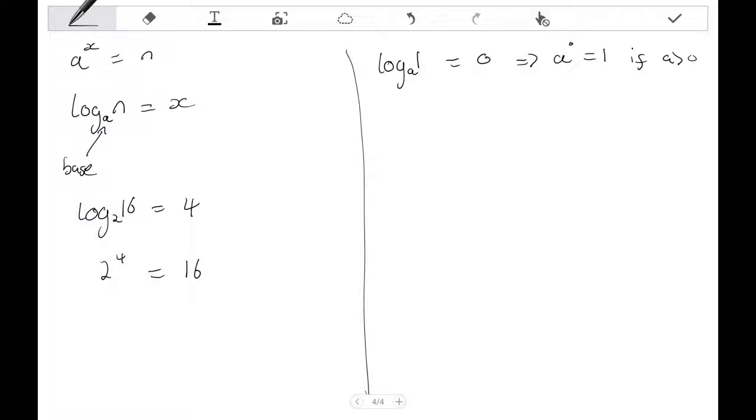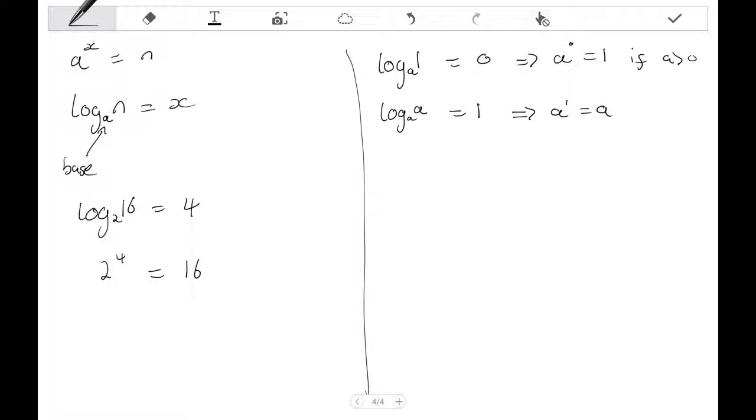The next one is that log a, base a, is equal to 1. Why is that? It's because it implies that a to the power of 1 is equal to a, which we know is true. Great. So those are two things that are really important for us to know about logs.